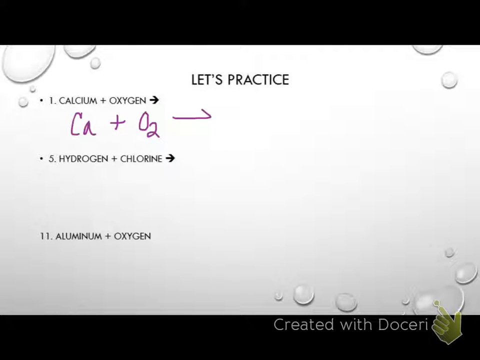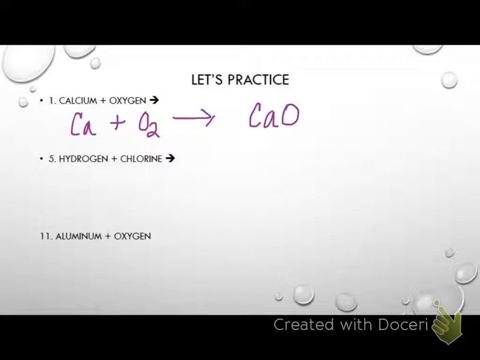Okay, so we're going to say, what would this form? Well, the only thing it can form is calcium and oxygen combining together. So this is where we would go look at our charges on our pink sheet, or knowing where they are on the periodic table. And we know that calcium is a group 2 metal, so it's got a +2 charge. Oxygen, when it forms an ion, is a -2, and so it's going to form calcium oxide, CaO.